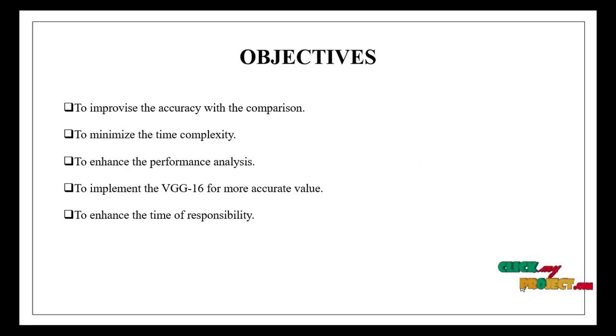This is our objective: to improve the accuracy with the comparison, to minimize the time complexity, to enhance the performance analysis, to implement the VGG16 for more accurate value, to enhance the time of responsibility.